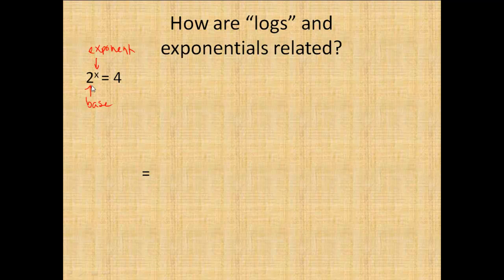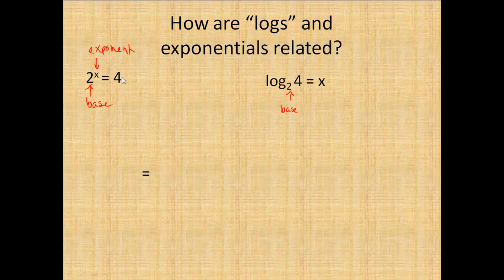Well, with logarithms, we rearrange it. And anytime we're doing logarithms, we usually refer to them as logs, just for short. So we would say log base 2. Notice how the base here has dropped down and has become small, but it's still called the base. So this would be log base 2 of 4 is equal to x.